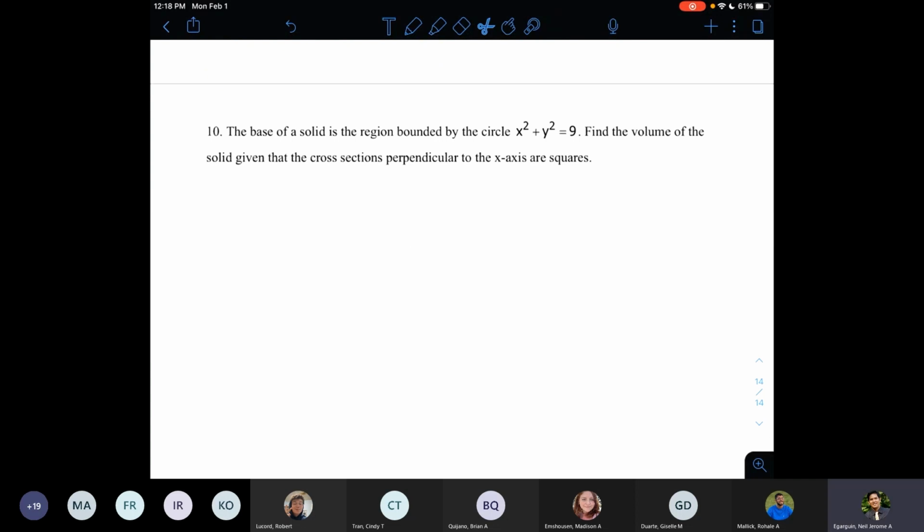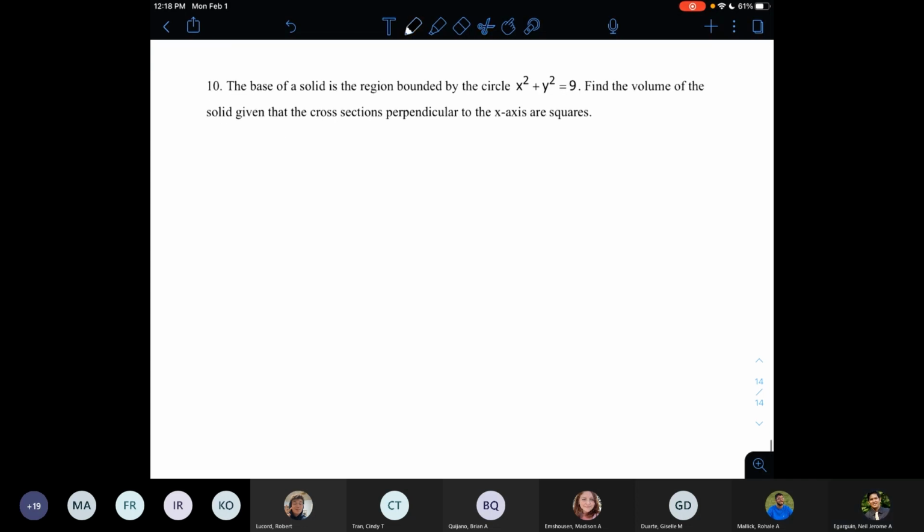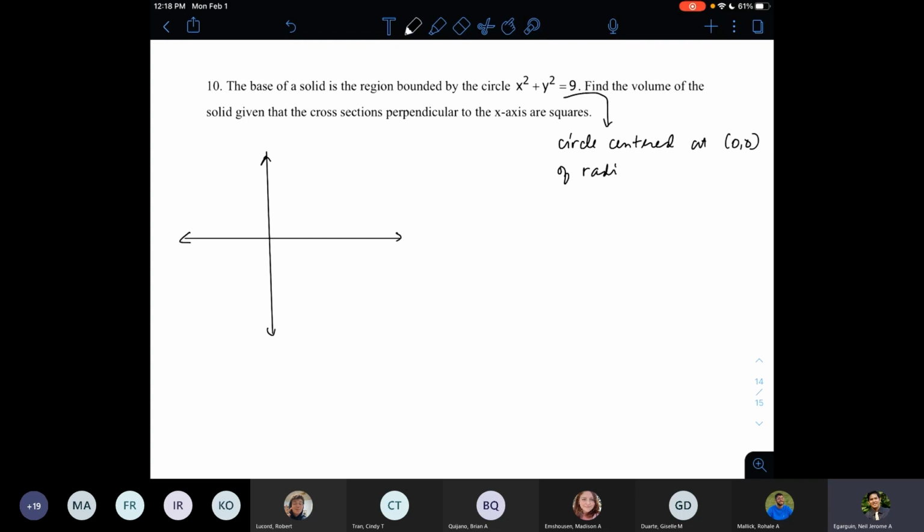So here, the base of a solid is the region bounded by the circle x squared plus y squared equals 9. So basically, I'll draw a picture here quickly. Okay. Remember, x squared plus y squared equals 9 is a circle centered at the origin of radius 3, right?